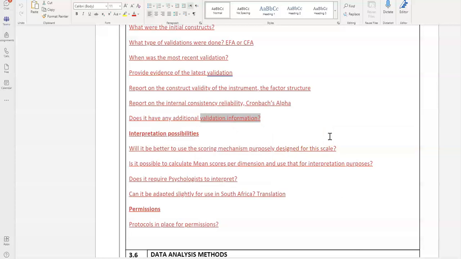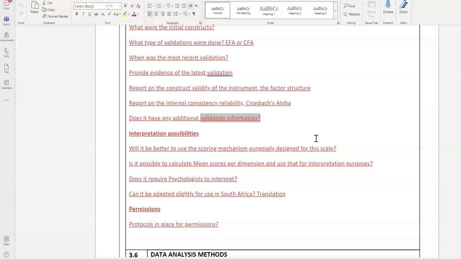So I want to refer you to this particular chapter on quantitative data collection. This will be chapter 12 in the textbook. Chapter 12 gives you information about the measurement instrument. Okay, so all the detail that I'm talking about is provided in chapter 12.